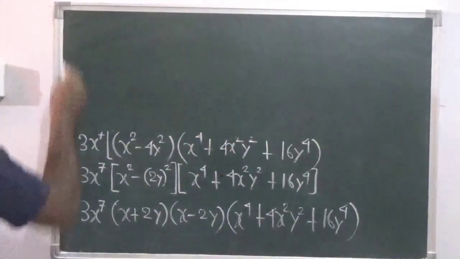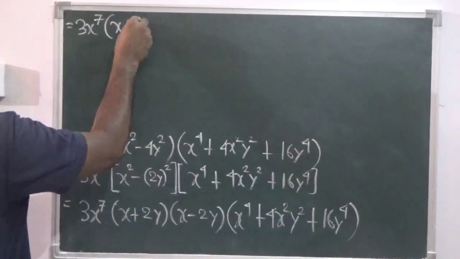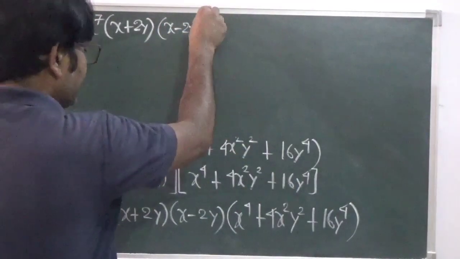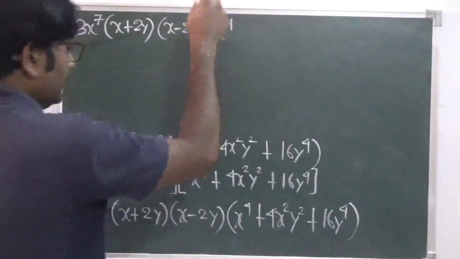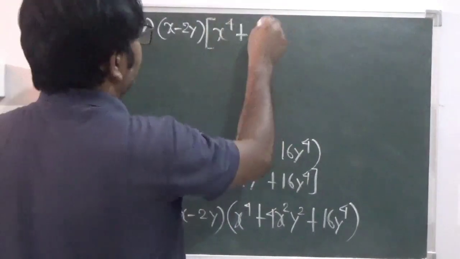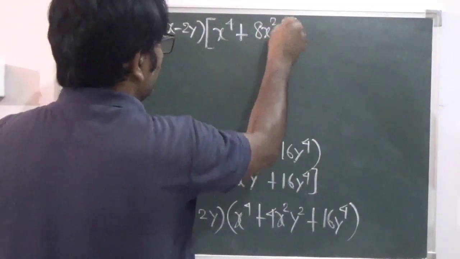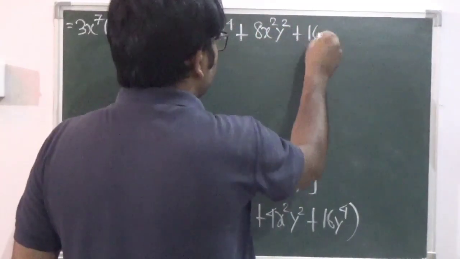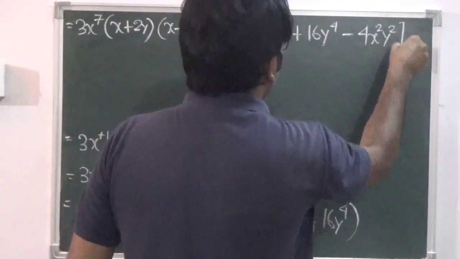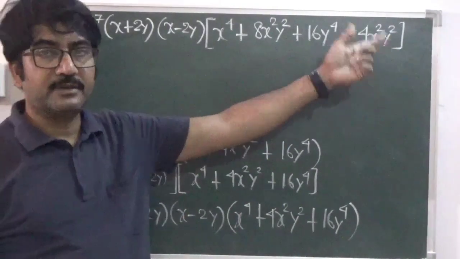So from here it is 3x to the power 7 into x plus 2y into x minus 2y, and this we can write it as x to the power 4, and this is plus 8 x square y square plus 16y to the power 4 minus 4x square y square. We can write it as like this. This 4x square y square, you can write it as 8x square y square minus 4x square y square.